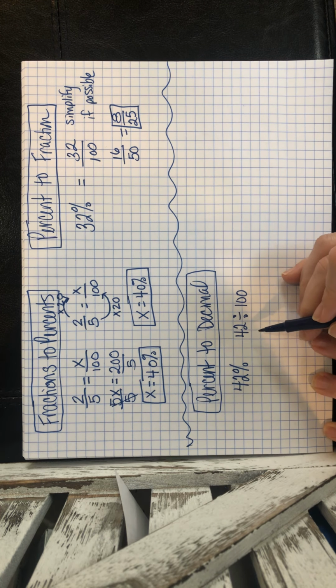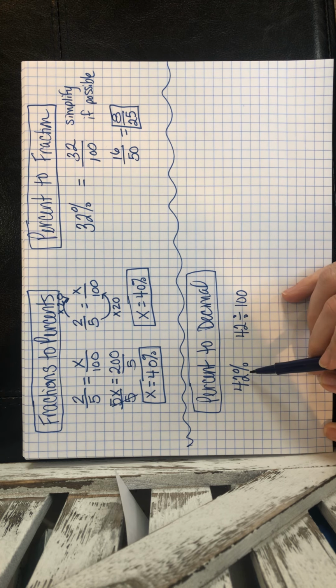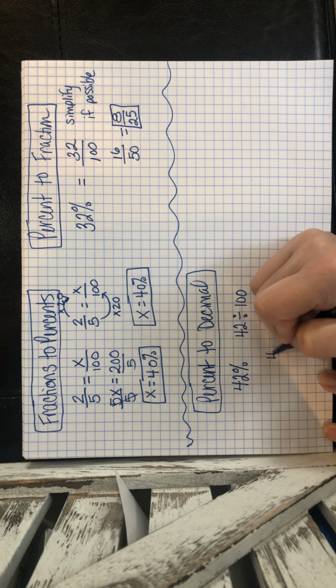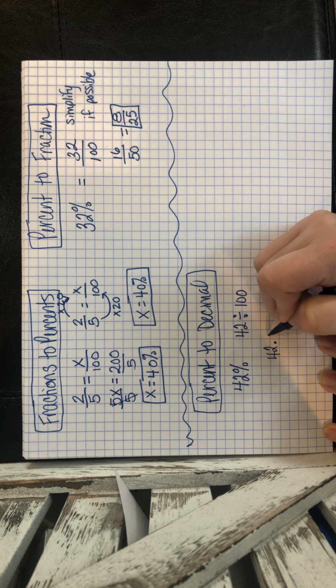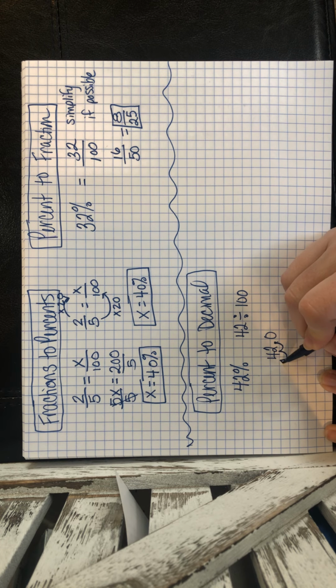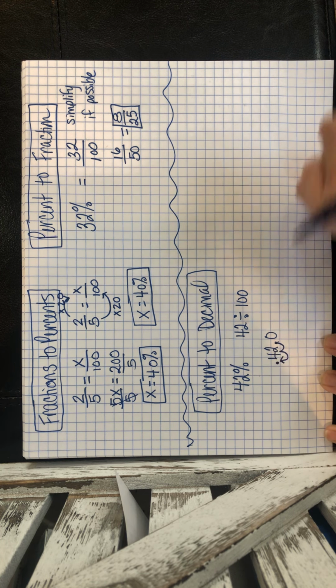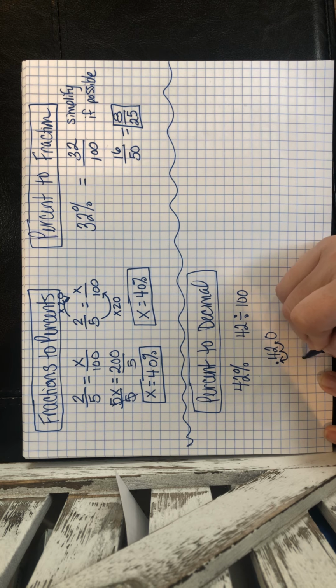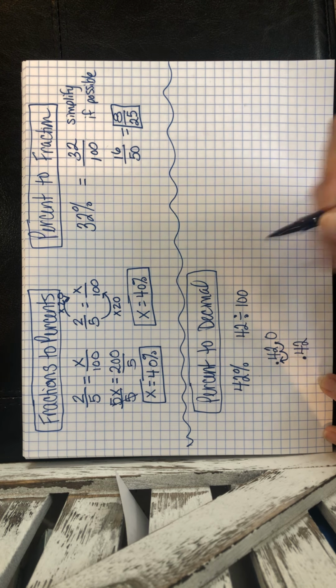When you do that, it's the same thing as moving your decimal point 2 places to the left. So if my decimal point in 42 is this, 42.0, we move back 1, 2. We put our decimal point here, so our answer then would be 0.42.